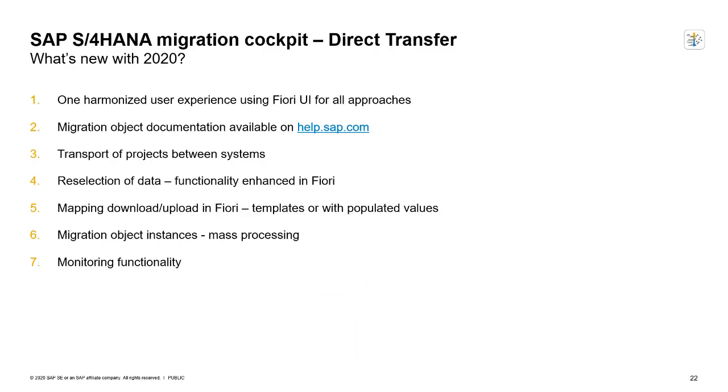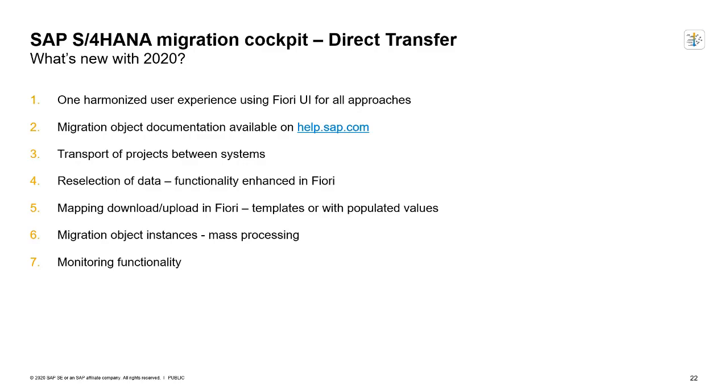What is new with the 2020 release? First of all, we have one harmonized user experience using Fiori UI for all approaches. You can take advantage of the object documentation available on help.sap.com for the direct transfer approach, so you do not need to log into the system to check what is in scope and out of scope of the migration object. You can transport projects between the systems.